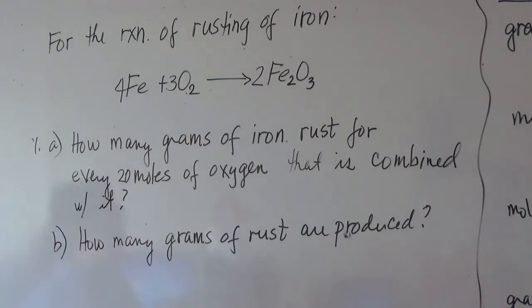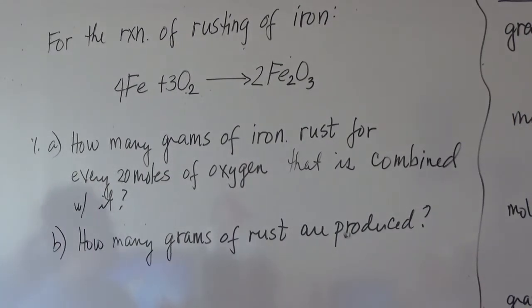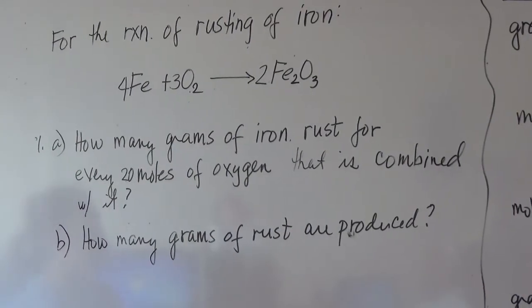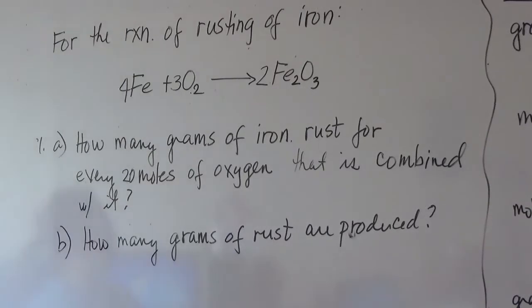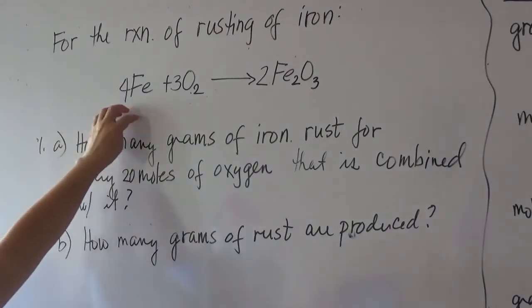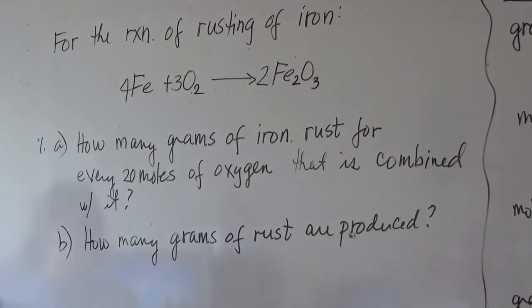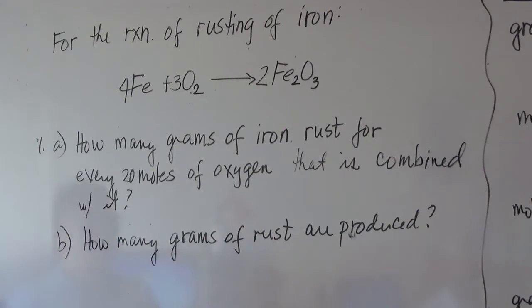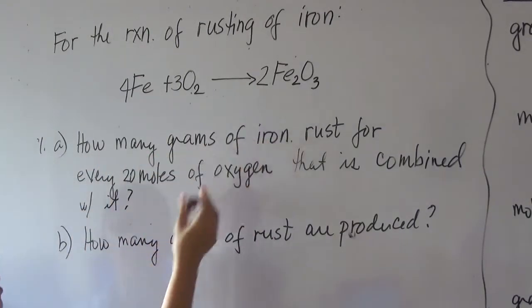So the discussion before was we had a stoichiometric relationship based on the formula of the compound. This time, if there is already a chemical reaction, we can also formulate a stoichiometric relationship based on the balanced equation.